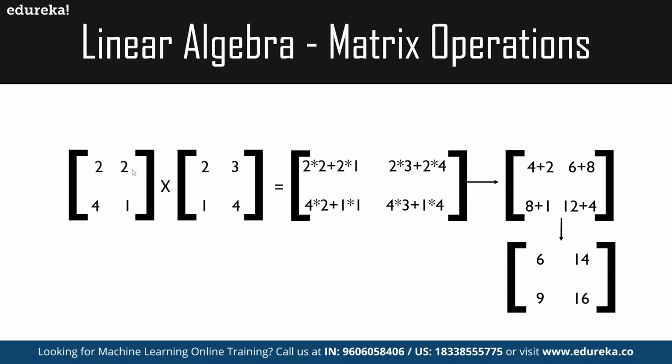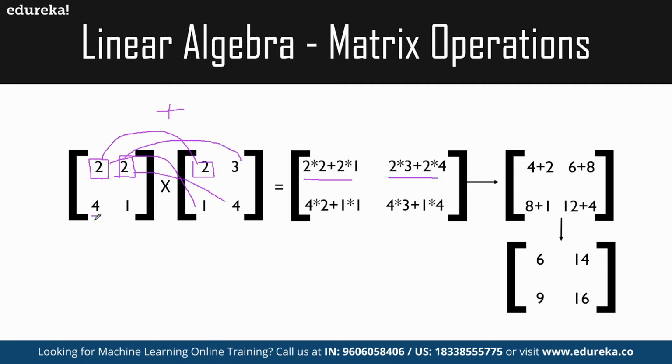Then for the second entry, it has to be 2 multiplied by 3 plus 2 multiplied by 4.